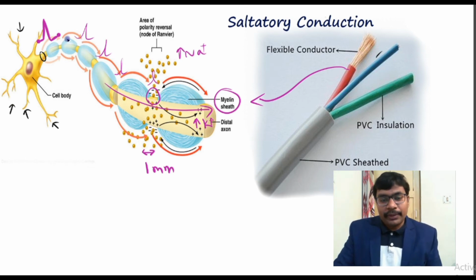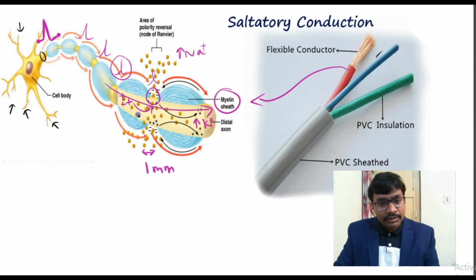Now the propagation of the action potential happens like this. Suppose we have the action potential here, and these positive ions inside the cell trigger the activation of the sodium channels at the subsequent node. Here it triggers sodium opening, and sodium rushes inside, creating an action potential here.